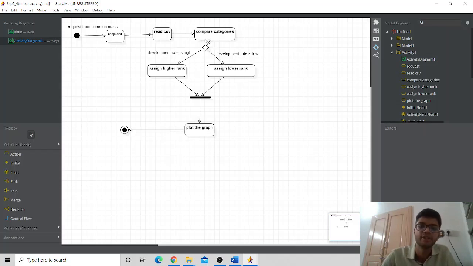Okay. These compare categories comprise the analysis class and assign the rank. And this is a join which joins the two transitions and plots the graph of the input which is given from here. And after that this moves to the final state.